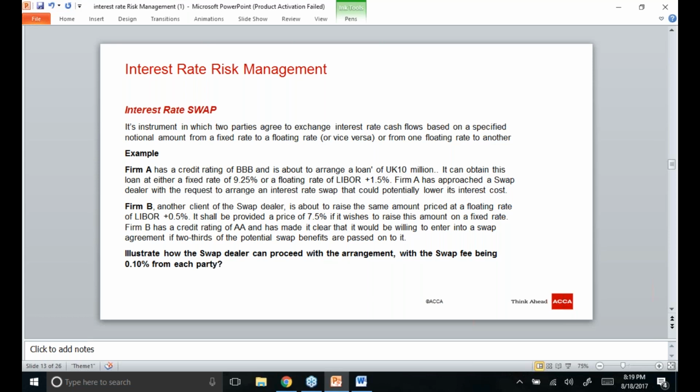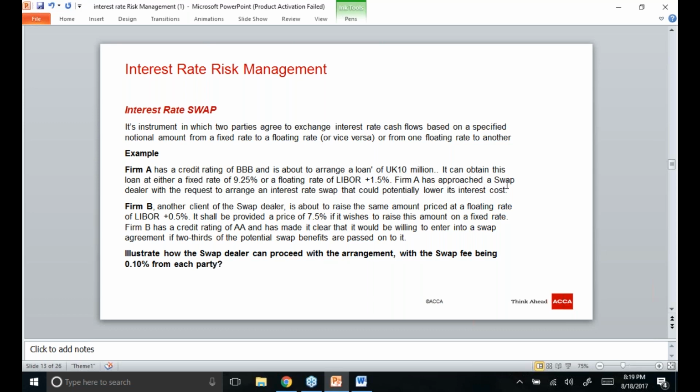Firm A has a credit rating of BBB and is about to arrange a loan of 10 million UK pounds. It can obtain this loan at either a fixed rate of 9.25% or a floating rate of LIBOR plus 1.5%.